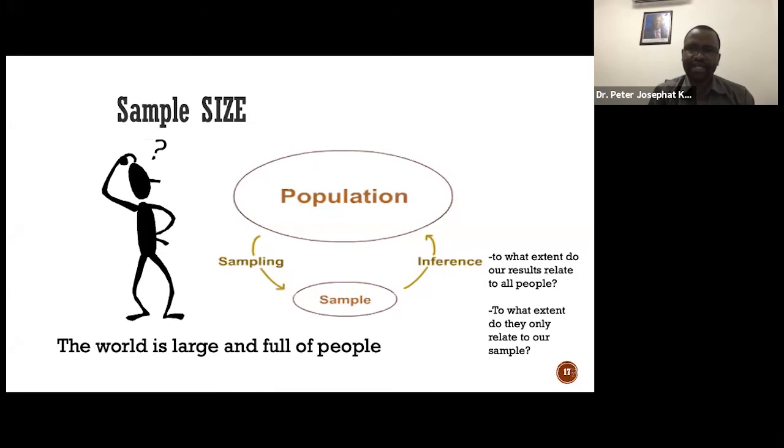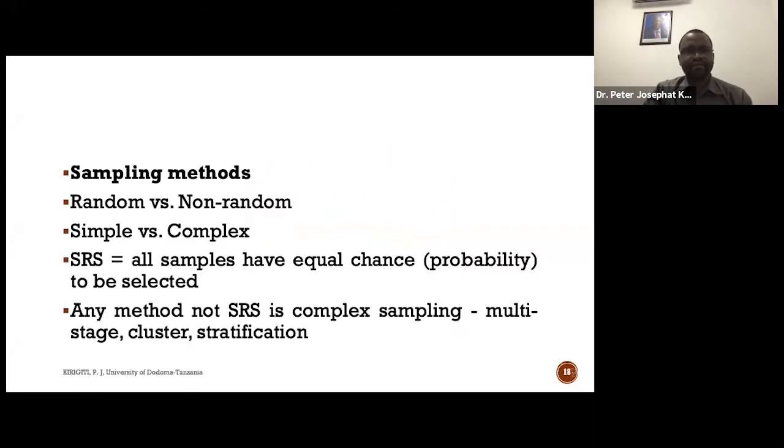We have test statistics which are used to analyze small samples. We have test statistics which can be used to analyze large samples. And in some cases, there are requirements of a sample size for certain test statistics. So it is very important to plan for this.